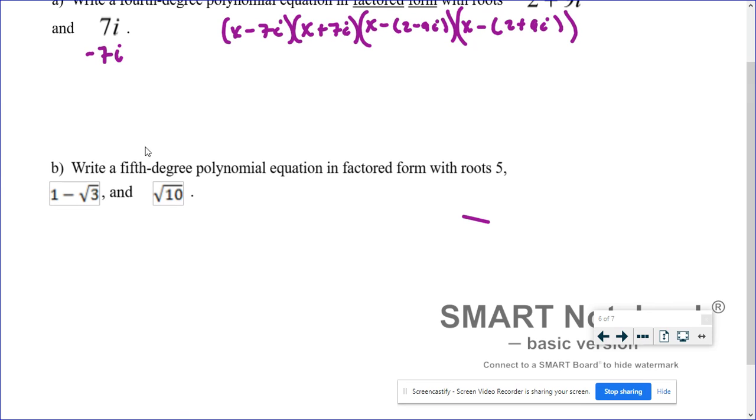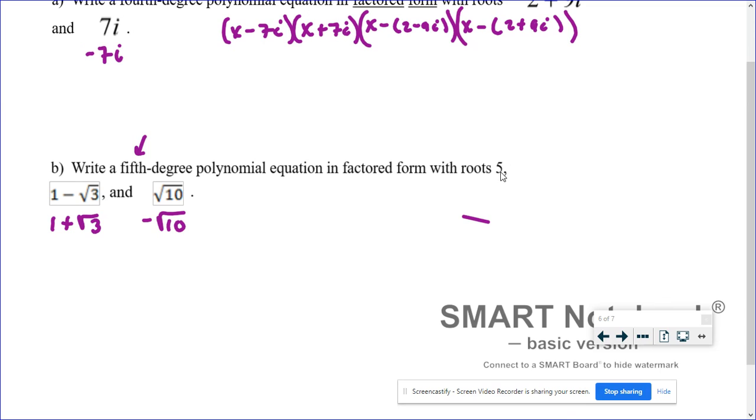All right, part B here. Notice how this is saying a fifth degree. We've got three roots, 5, 1 minus root 3, and root 10. 1 minus square root of 3, I should say. 1 plus square root of 3 is the conjugate and also a root. If square root of 10 is a root, negative square root of 10 is a root.